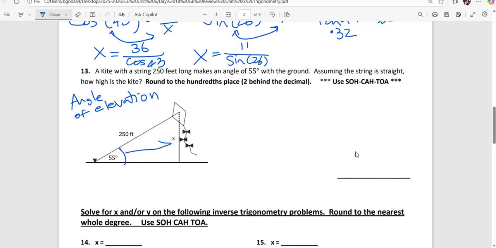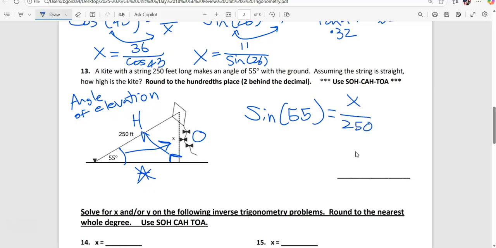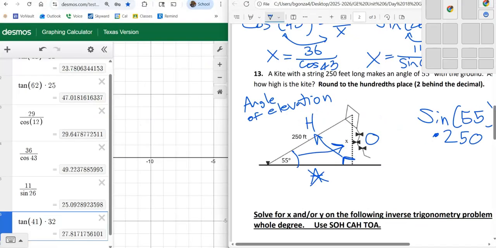So you're going to label, again, the opposite with an O. Across from this 90 is an H. The A is missing. Cross it out. So we have a sine situation. Sine of 55 equals O over H. And then to get rid of that divided by 250, we want to multiply by 250. And then you can plug that into Desmos. Get your solution.